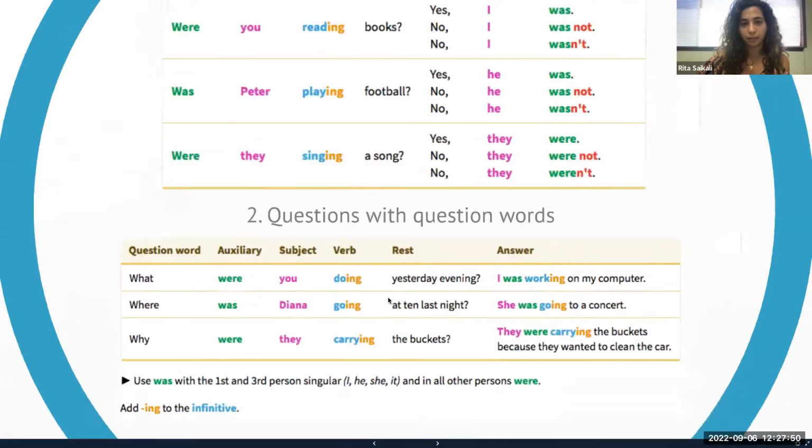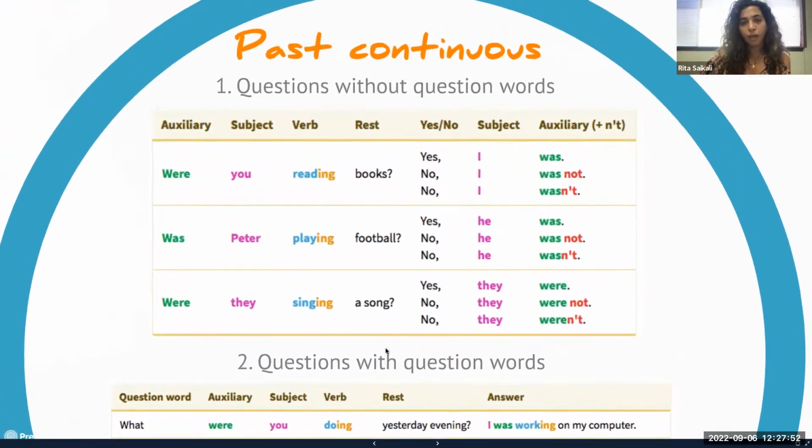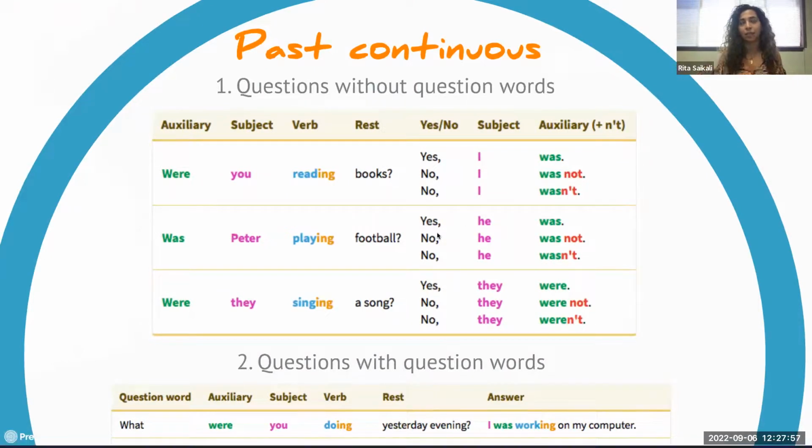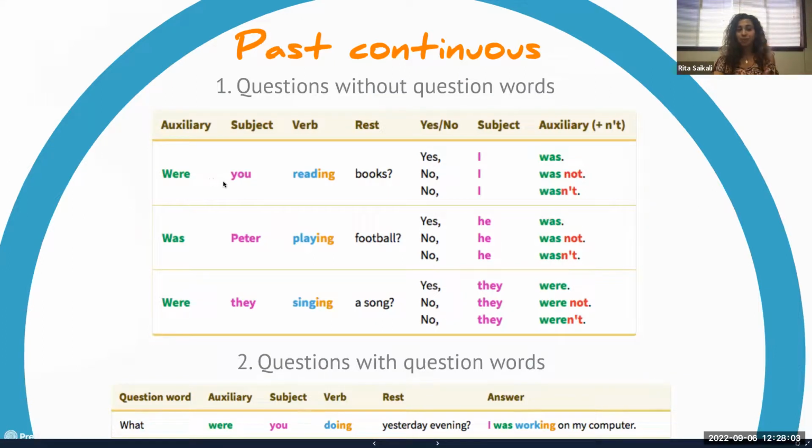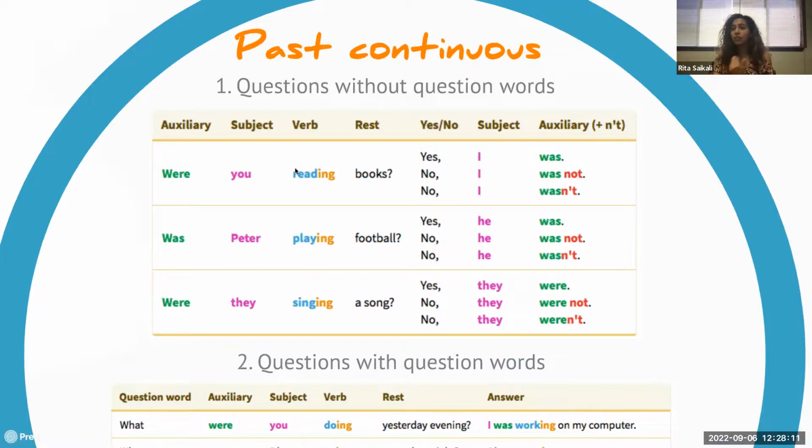If we are not adding the WH questions, we put the verb to be first, then the subject, then the verb with ing, then the rest of the sentence. Were you reading books? Yes, I was, or no, I wasn't.